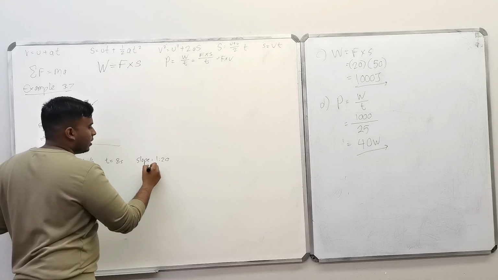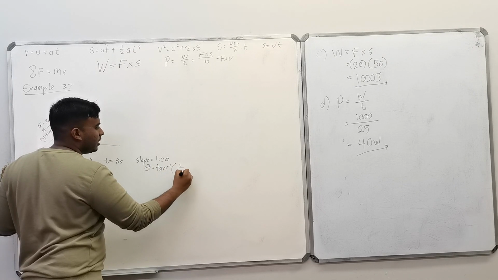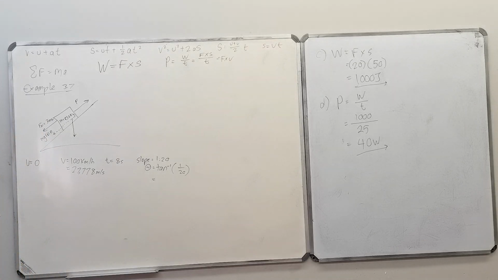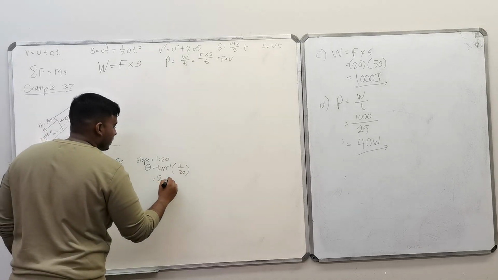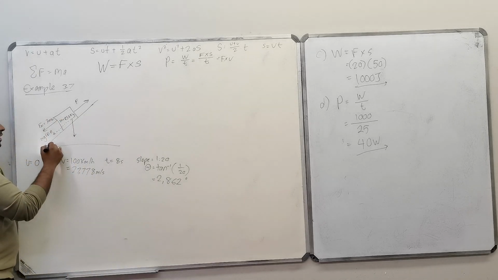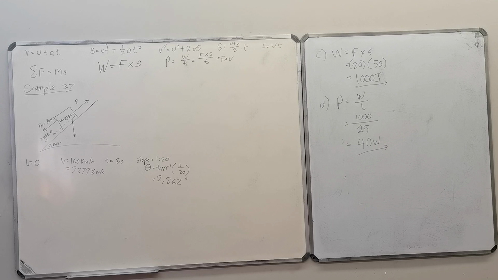Your slope, your angle is equal to shift tan of 1 over 20, which is 2.862 degrees. Guys, pay attention because I want everybody to get this so that we don't have an issue, right?